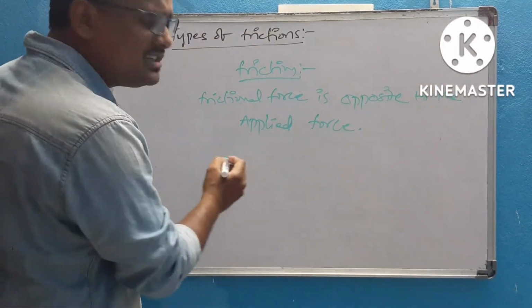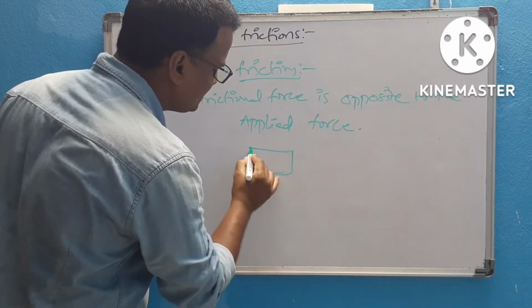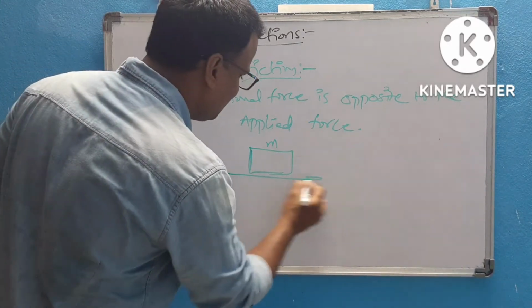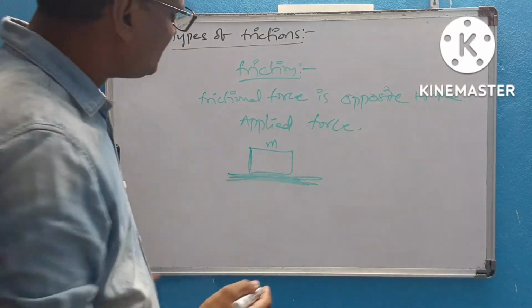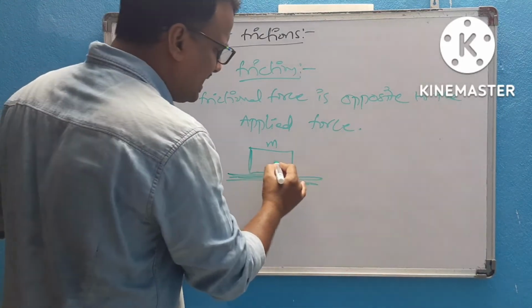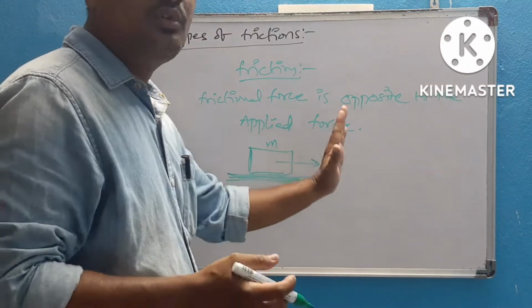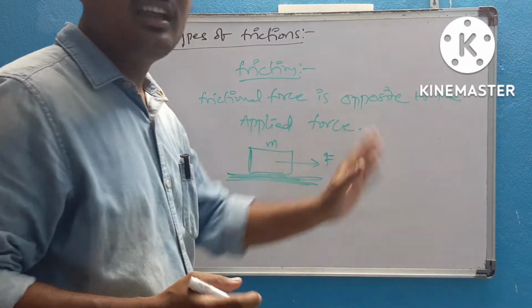Here, for example, a body of mass m is lying on another surface. Now if we apply some force F on this body, then the body moves in this direction.